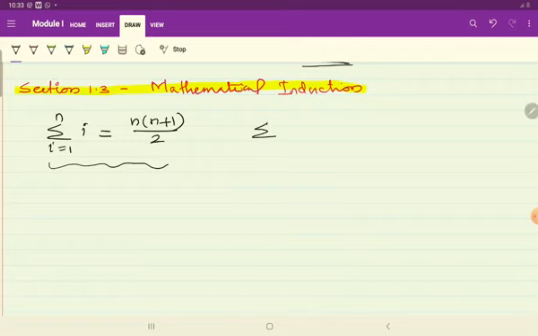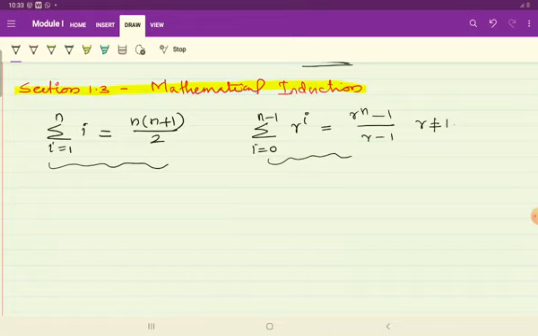Another famous result: summation i varies from 0 to n minus 1 of r raised to i is r raised to n minus 1 by r minus 1, provided r not equal to 1. But we don't know how to prove this. So in order to prove these types of results which are valid for every positive integer n, we are using some tools, and the principle of mathematical induction is one such tool.